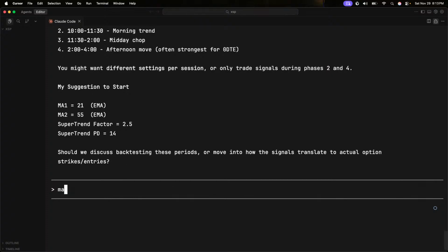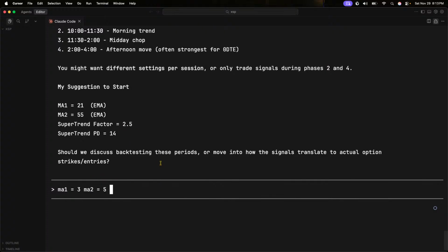So what I'm going to do is MA1, I'm thinking 8 for the EMA, and then MA2. Wait, that's still too fast. Too slow, I'm sorry. Let's try 3 for MA1, and then MA2 equals 5. So 3 minutes and 5 minutes.